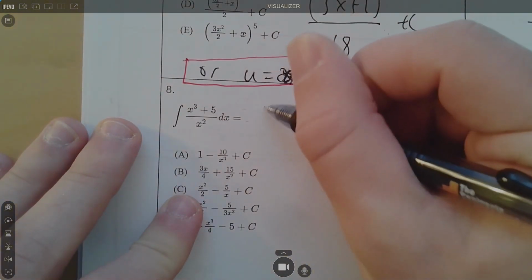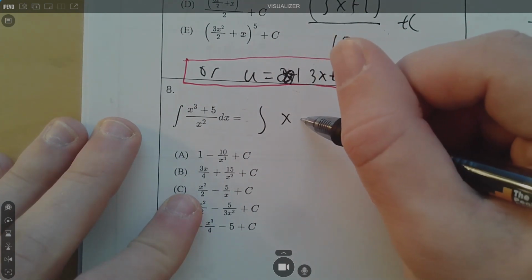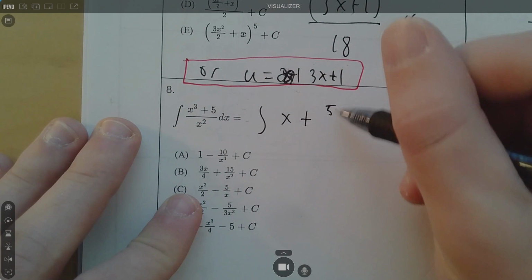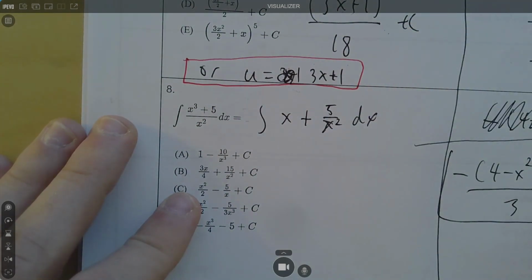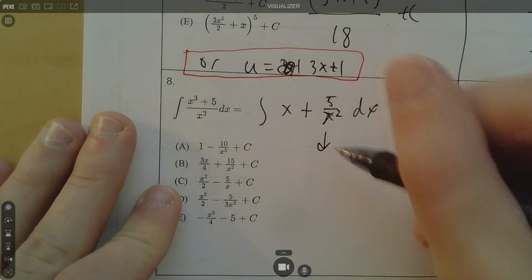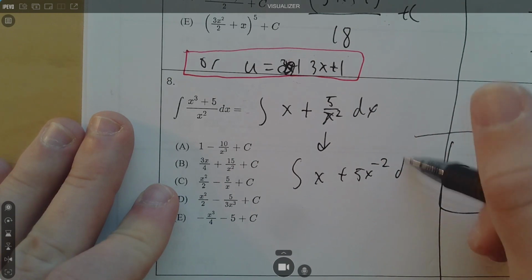This is the same as the integral of (x plus 5) over x squared dx. And so we can convert this to the integral of x plus 5x to the negative 2 dx.